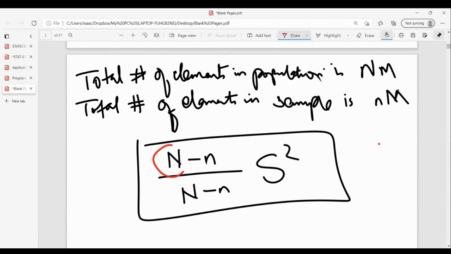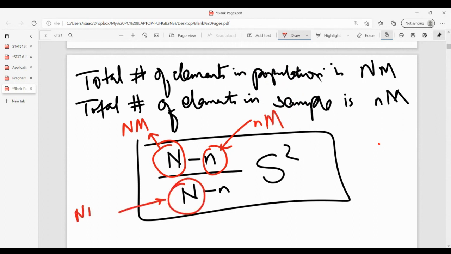But now instead of just N here, the total is capital N M. The sample size is no longer small n, but this here is N M, and this here is N M. Right, so now, sorry, just take out this minus sign here.